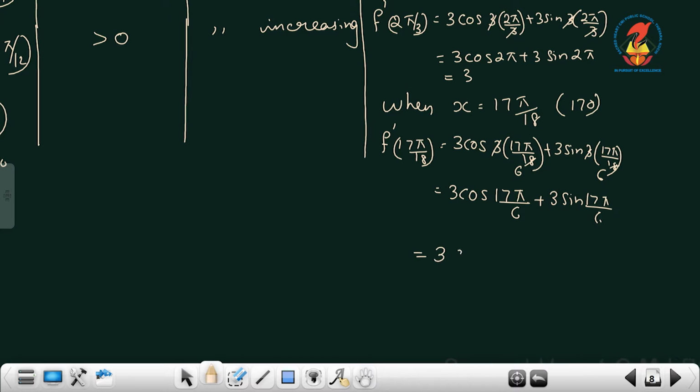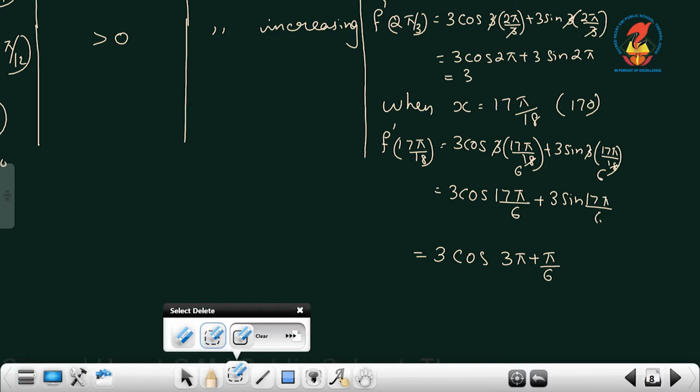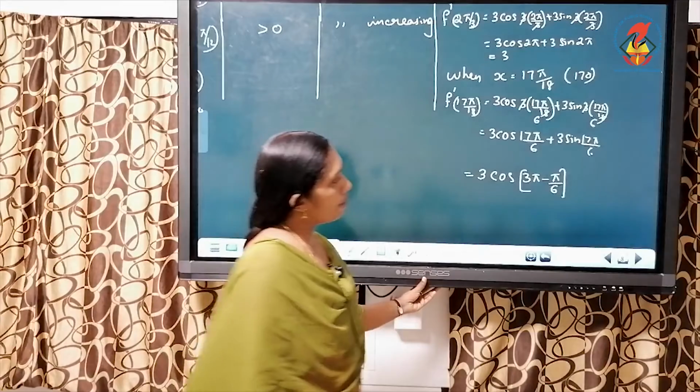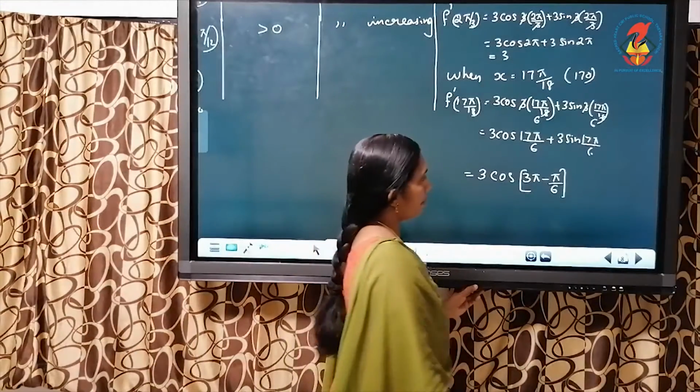Look, 3 cos 17 pi by 6 means we can write 3 pi plus, no, it is minus. If it is plus you will get 19. So 3 pi minus pi by 6. 3 pi into 6 is 18 pi, 18 pi minus pi is 17 pi.